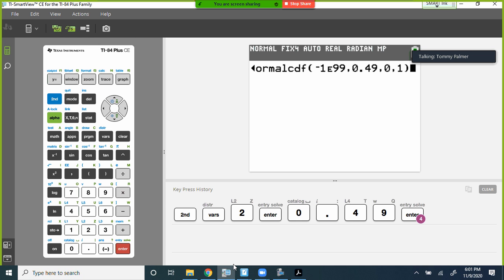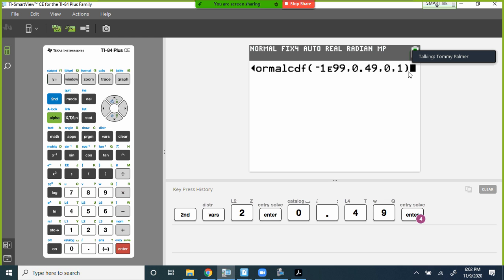Now, this paste is what it looks like if you didn't have the menu format, the old operating system for TI. We had to hand punch everything in with commas, right? So if you look at that, you should see negative 1E99 as your lower bound, all the way up to 0.49, comma, with a mean of 0 and a standard deviation of 1.